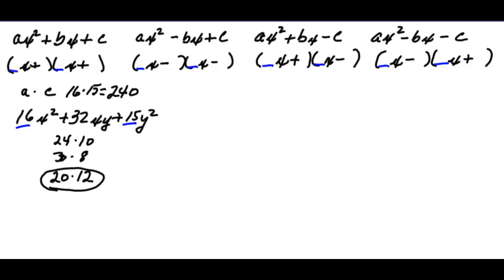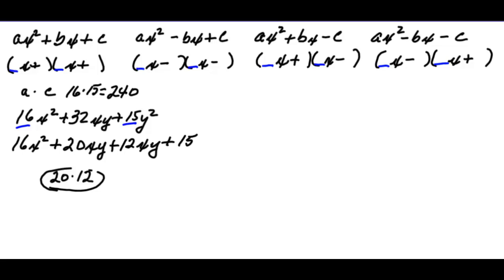So I'm going to erase some of the stuff that we put up here. Knowing that it's the combination of 20 and 12, now I rewrite this and put it into 4 terms. I have my 16x squared, but now I say plus 20xy plus 12xy plus 15y squared.